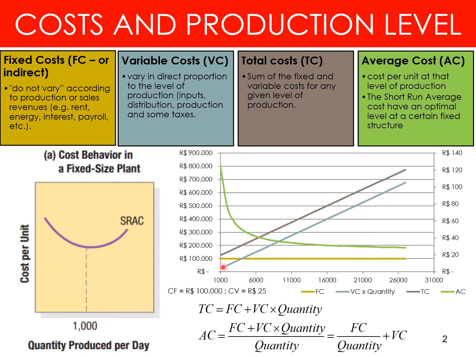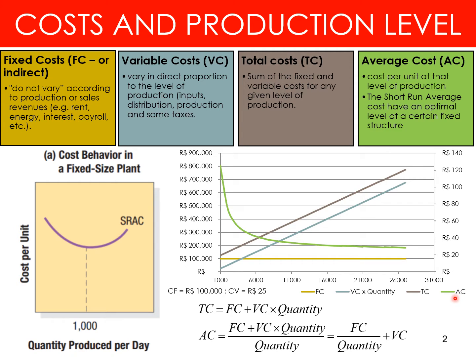And we have this line, the total variable cost, that is basically the quantity produced multiplied by the variable cost. As we increase the quantity, the total variable cost will increase. And this total cost line is basically the sum of the fixed cost plus the variable cost multiplied by the quantity.